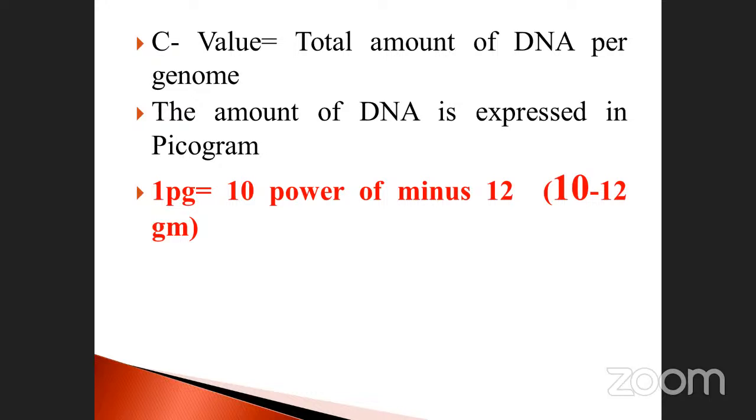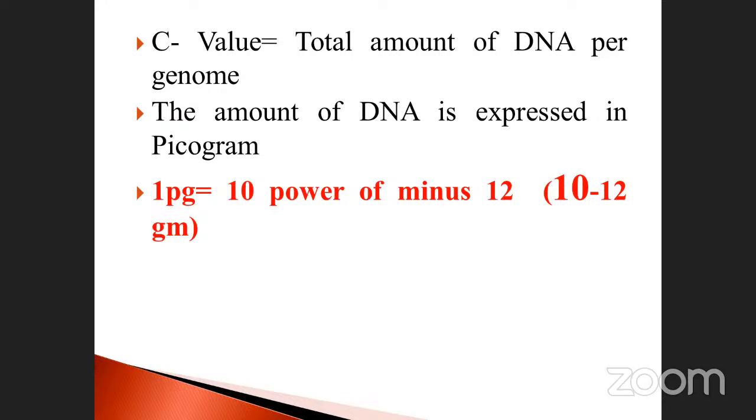The amount of DNA is expressed in picograms. 1 picogram is equal to 10 to the power of minus 12 grams. Sometimes they ask questions: the amount of DNA is expressed in the term called picogram. 1 picogram is equal to 10 to the power of minus 12 grams. Don't forget, my dear.